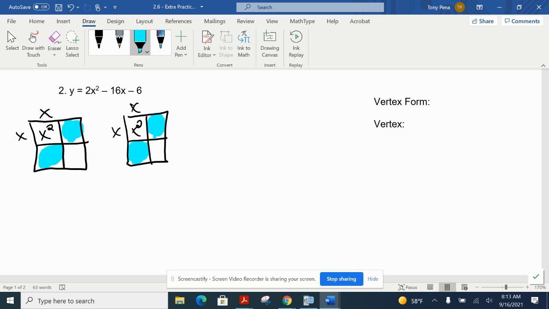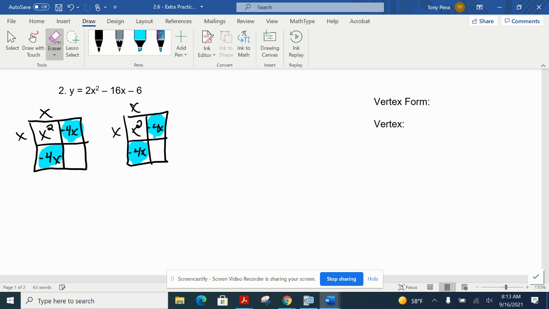Joe? Good. So these should each be a negative 4x. How'd you get that, Joe? Good. He took this negative 16. Since there are 4 boxes where we have to allocate those 16, he took 16 and split it evenly amongst 4. Okay, thank you. That's going to give us a negative 4 overall.